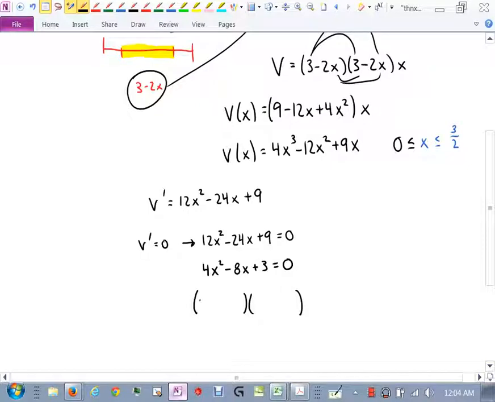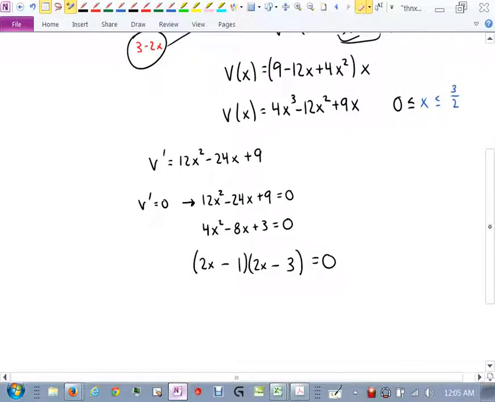Let's see, let's try this. 2x, 2x, 3, and 1, negative and negative. See what happens here. If we multiply that, it's 4x squared minus 6x minus 2x, that's minus 8x, and then the last two multiply. So that's it. Now you could also use the quadratic formula, and you get the same answers, but we set each of these equal to 0. You get x is 1/2. You get x is 3/2.